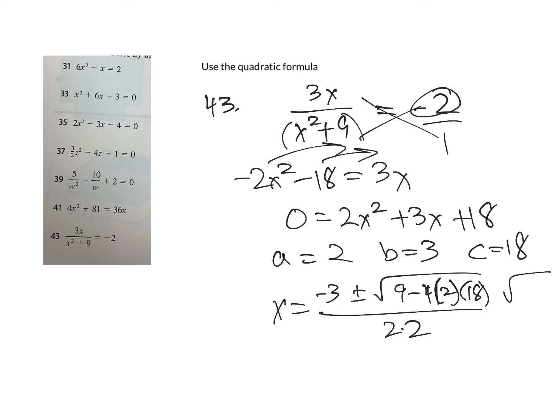Under the radical here, 4 times 2 is 8. 8 times 18, it doesn't matter what it is. 8 times 18 is very large, larger than the 9. So you're going to get 9 minus a big number, so it's going to be negative under the radical, which you can't do. So this is a no solution. And that's the end of your assignment.